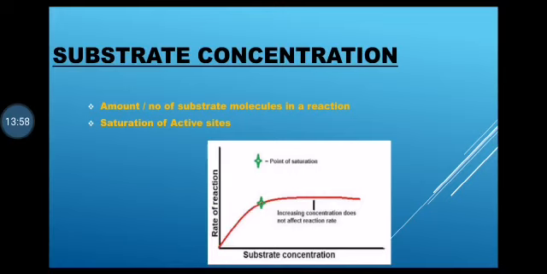For example, there are 50 enzyme molecules in a reaction, and we are adding 10 molecules of substrate. So the 10 molecules of substrate will bind with 10 molecules of the enzyme, and 40 enzymes will be left. It means there is more capacity for substrate molecules, so we can add a further 10 molecules in the reaction. Then we can add further more molecules.